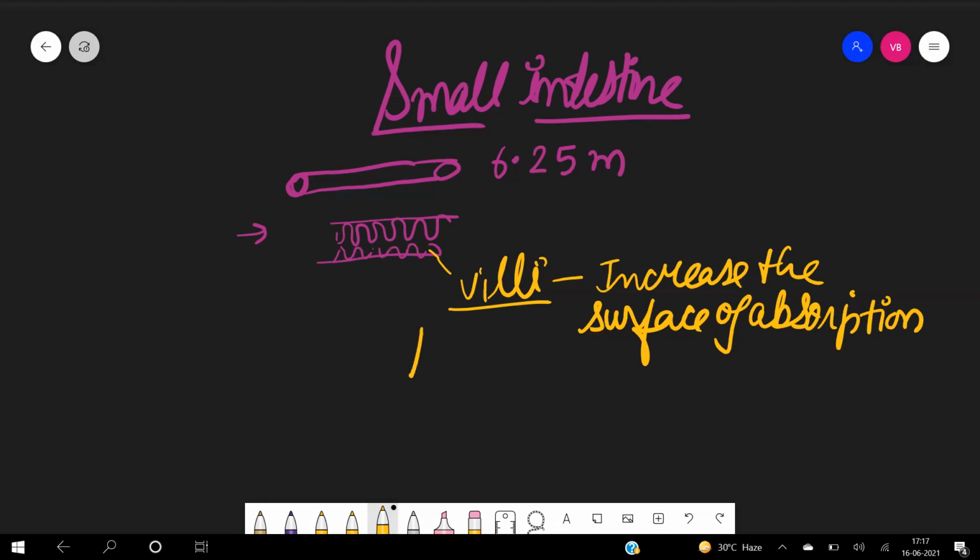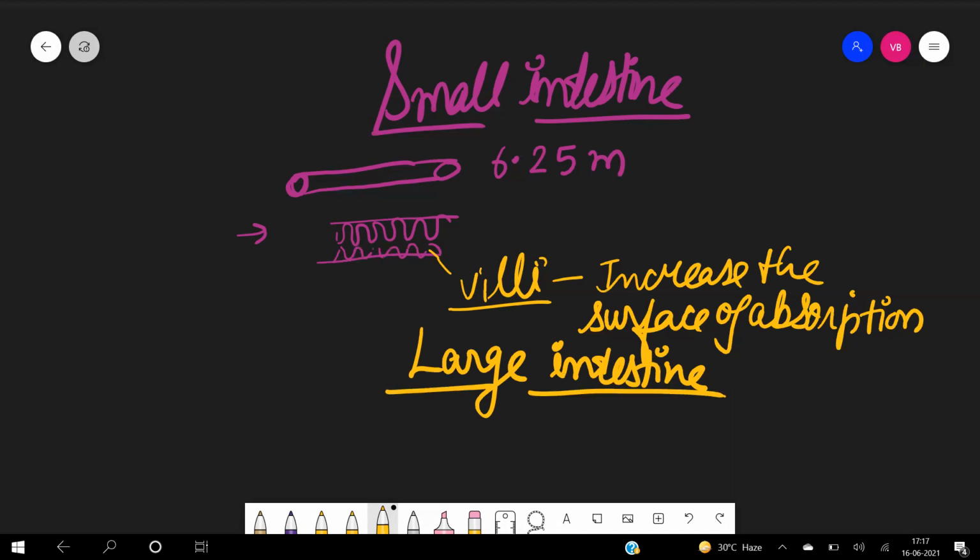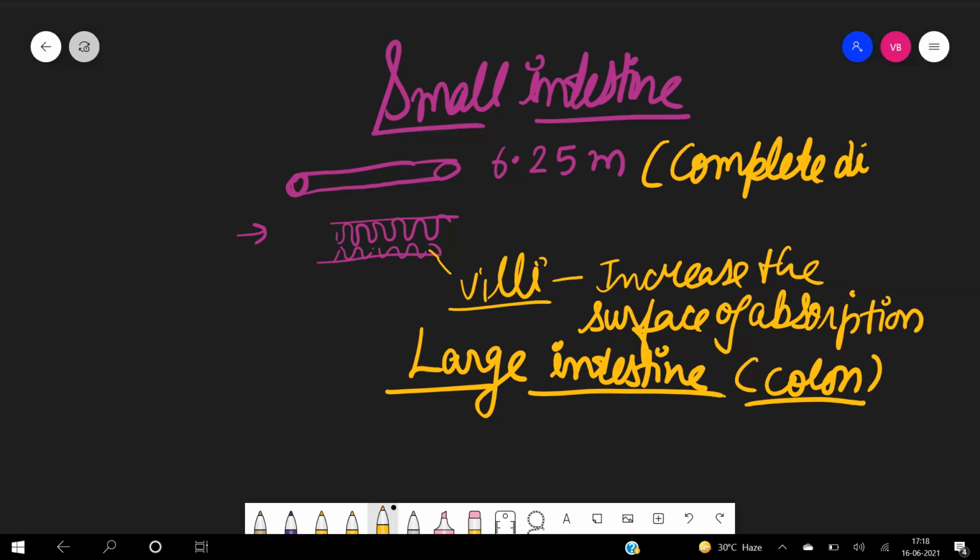And the last part is large intestine. Its length is not big. It is also known as colon. The complete digestion takes place inside the small intestine.